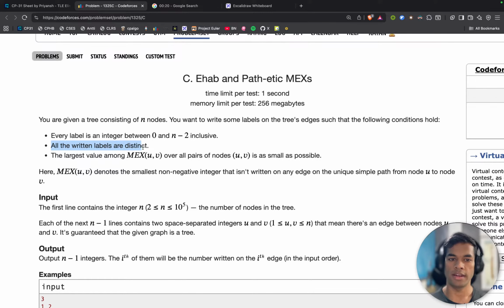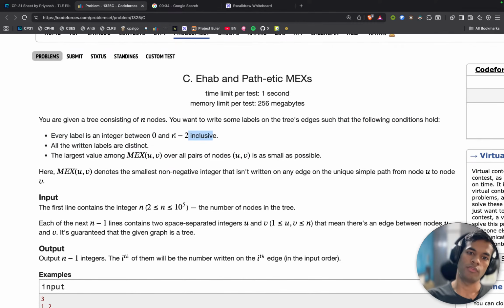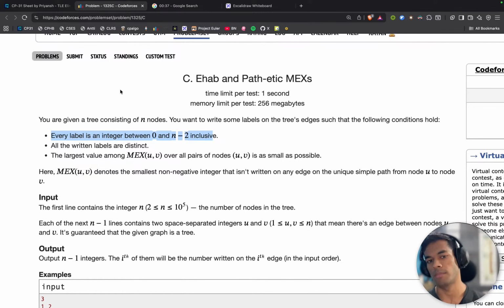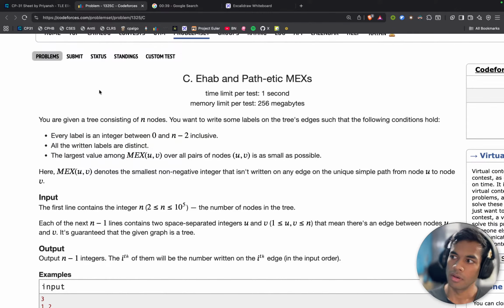All written labels are distinct. The largest value among mex(u, v) over all pairs of nodes should be smallest. Every label should be an integer between 0 and n minus 2, okay, makes sense. There is one number for every label, makes sense.